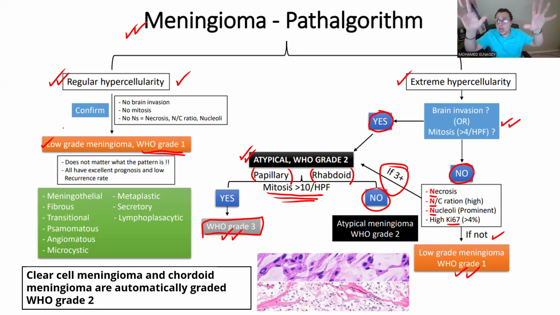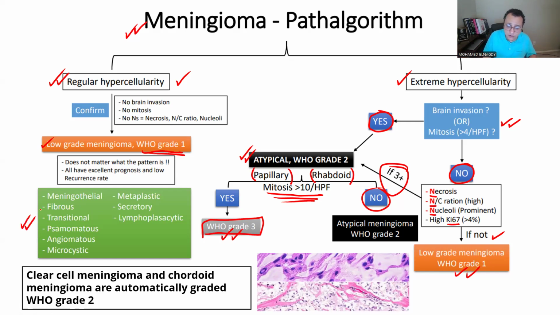It has a lot of patterns, I understand, and I know that you guys know some of these patterns, like meningothelial type, fibrous meningioma, transitional meningioma, psammomatous meningioma, angiomatous, microcystic, metaplastic, secretory, lymphoplasmacytic. My mentor told me it doesn't matter what the pattern is.